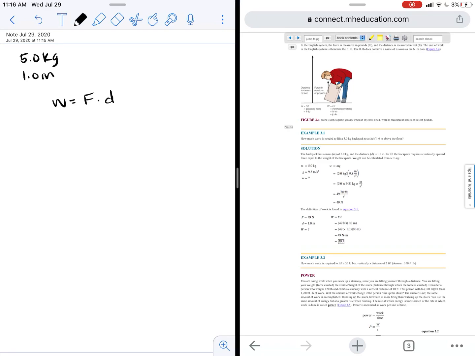Now, I said it's pretty simple, but there is a little bit of a catch here, because am I given a force? Are either of these two things a force? Well, 5 kilograms is mass, meters is distance. So I have distance, but I do not have a force. How in the world am I going to find force?